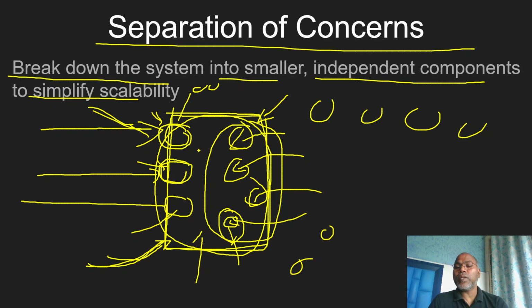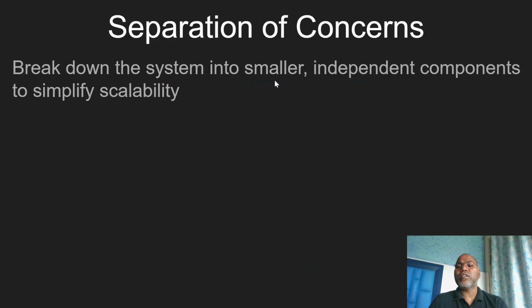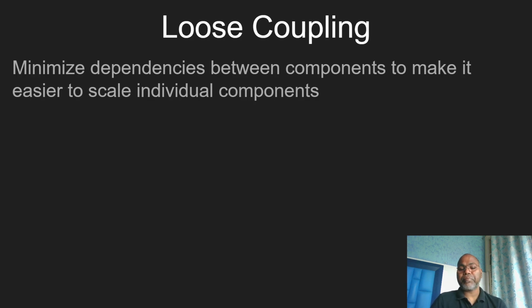So please keep in mind, whenever you are designing systems, break down your requirements use case wise, specific function wise, into independent components. That helps us achieve scalability in a very cost effective manner.